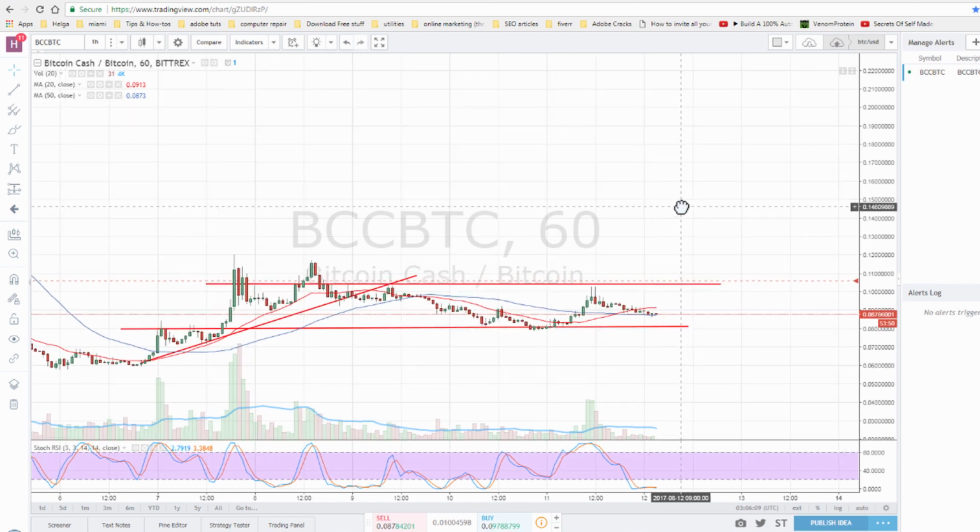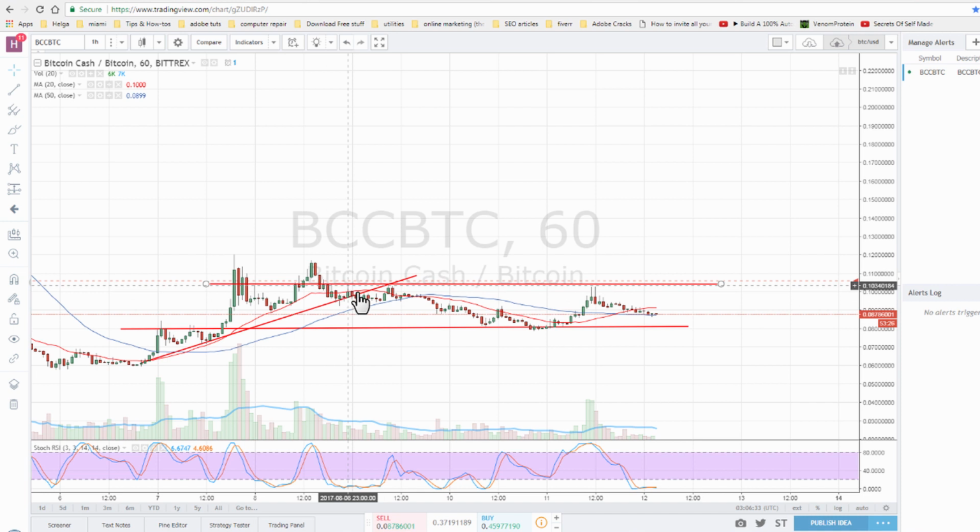As for Bitcoin Cash, I wouldn't enter a trade now. Why? Because it's below moving averages. And also I wouldn't enter until this red resistance line that I put here is broken on the way up. I'm not entering, because it has tried to break it a lot of times.